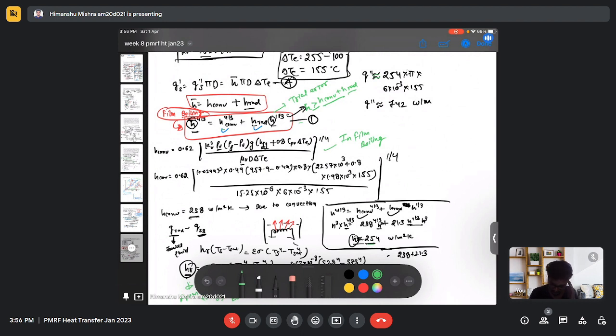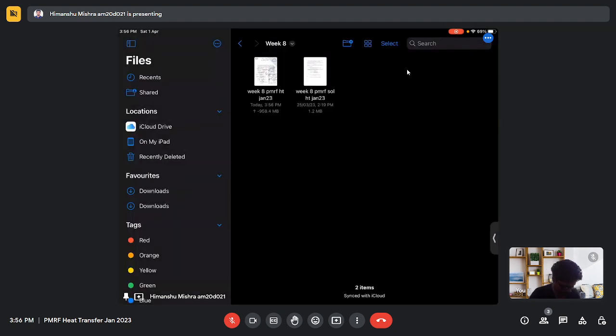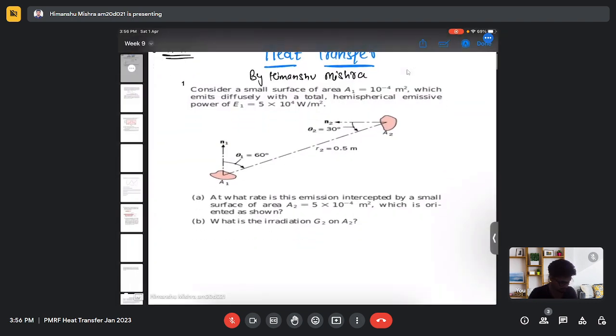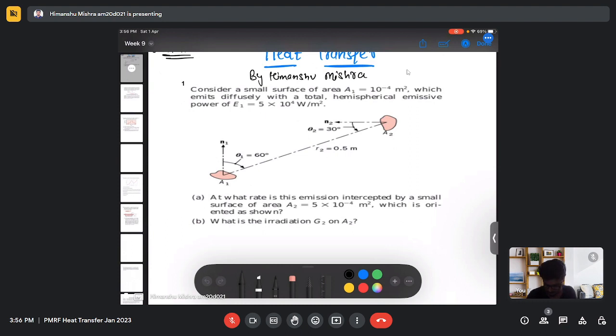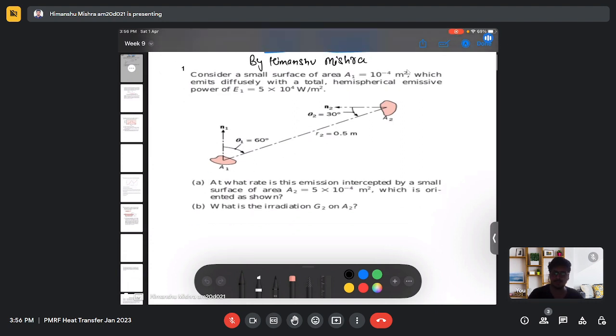So let's then move to the radiation part, radiation heat transfer. In the first question, consider a small surface of area A1, 10 to the power minus 4 meters square, which emits diffusely with a total hemispherical emissive power of 5 times 10 to the power 4 watt per meter square.